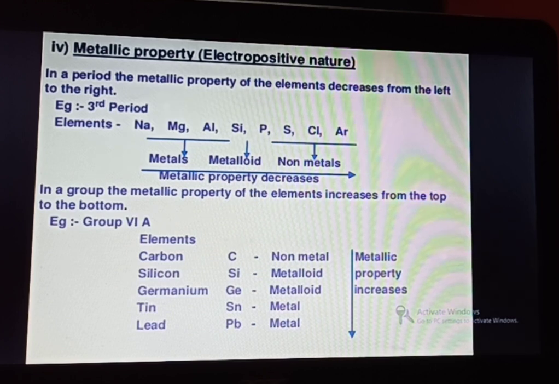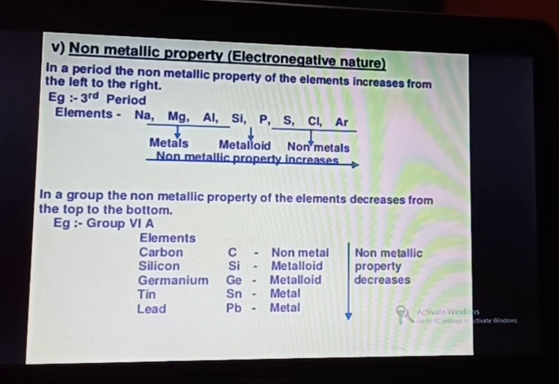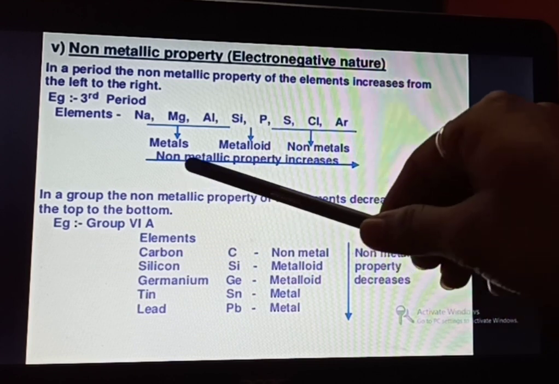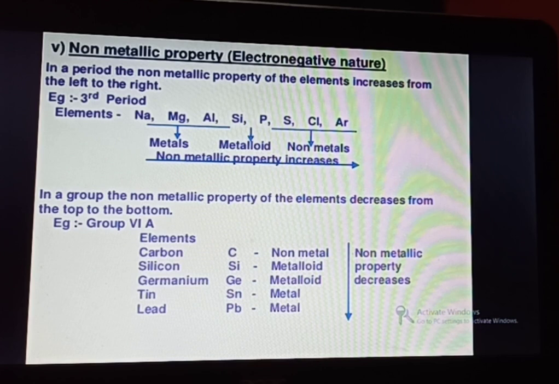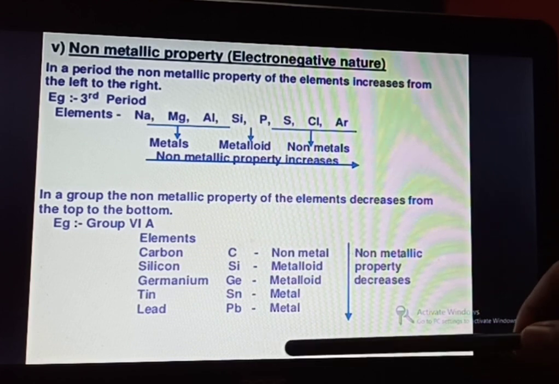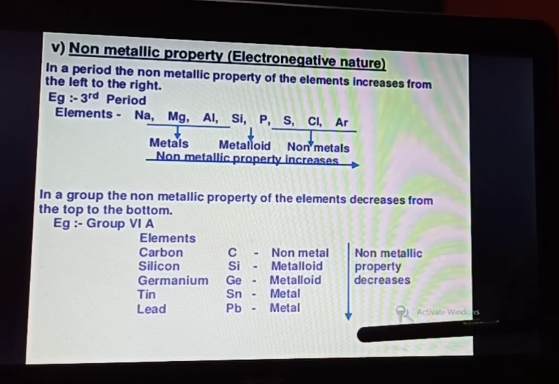Or that means we can say that they are more electropositive. Non-metallic property. In a period, if you move from left to right, then the non-metallic character increases and metallic character decreases. But in a group, if we move from top to bottom, then the non-metallic character decreases.